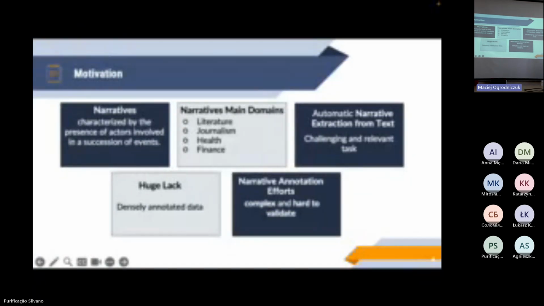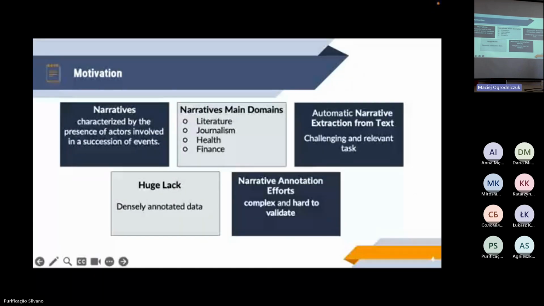And the narrative annotation efforts are really complex, because if we want to extract all the information from the narratives, we have to have a densely annotated data set, a semantic annotated data set.